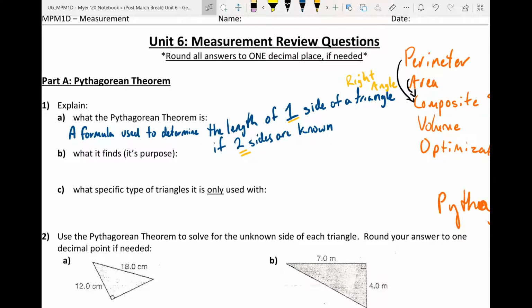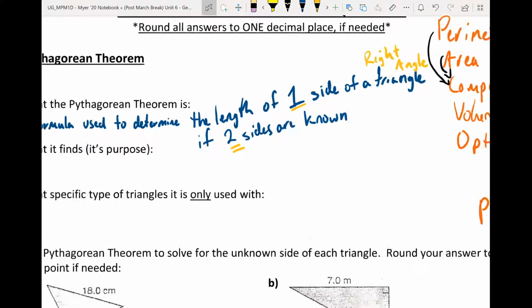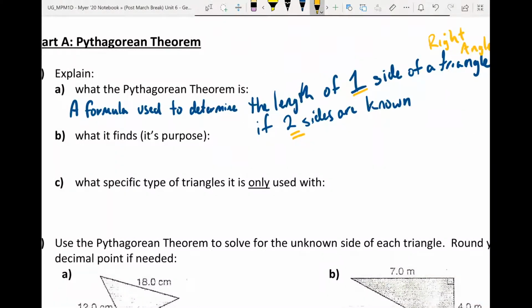So what's its purpose? We've identified that, which is finding the unknown side. Find the length of an unknown side.